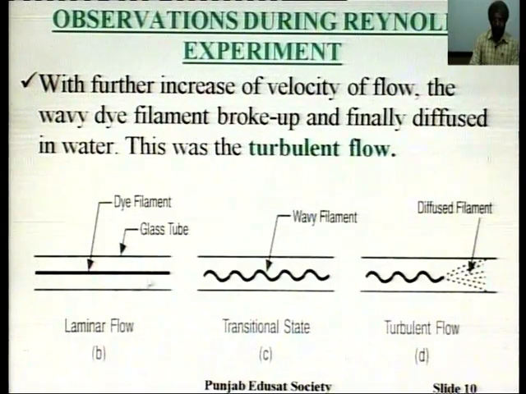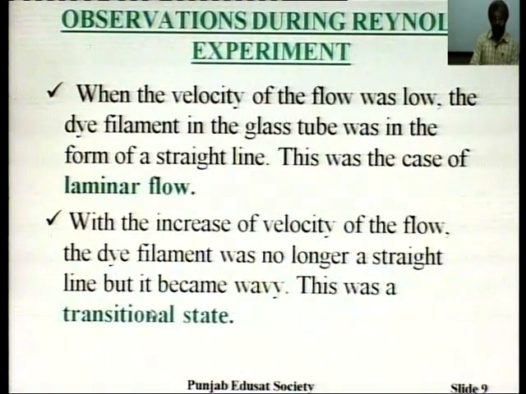This is the glass tube, the outer two lines, and the dye filament is in a straight path. In the case of laminar flow, it is in a straight line. This is important, and this was the case of laminar flow according to Reynolds.